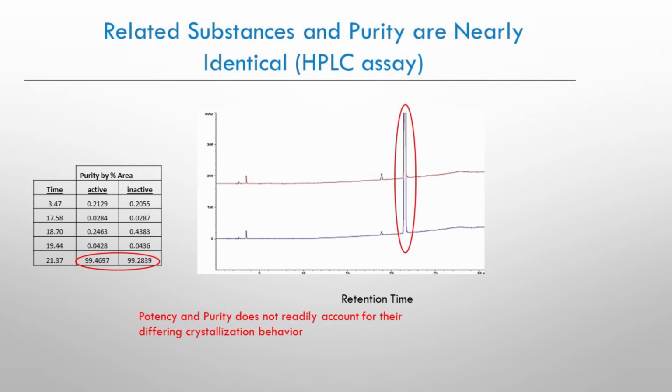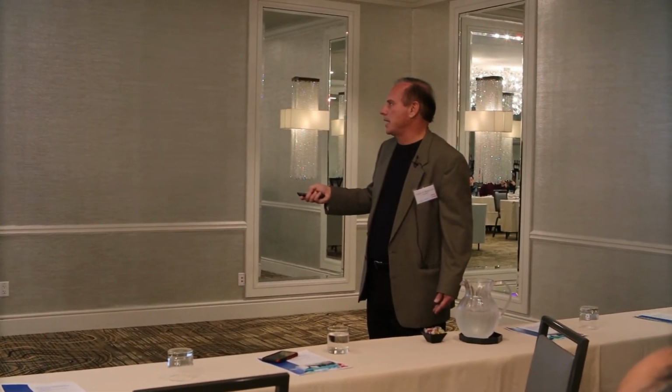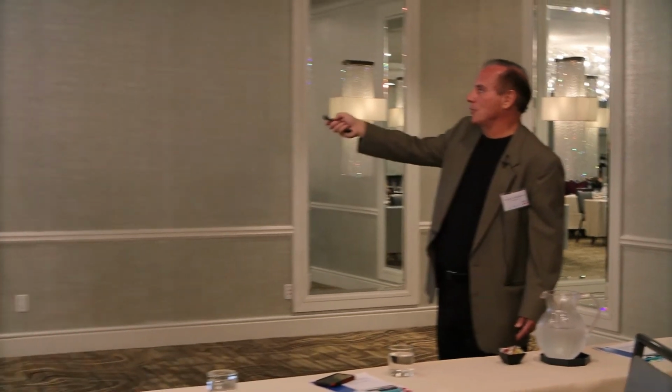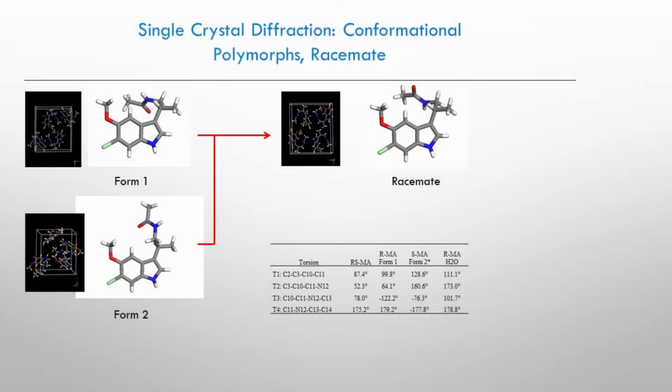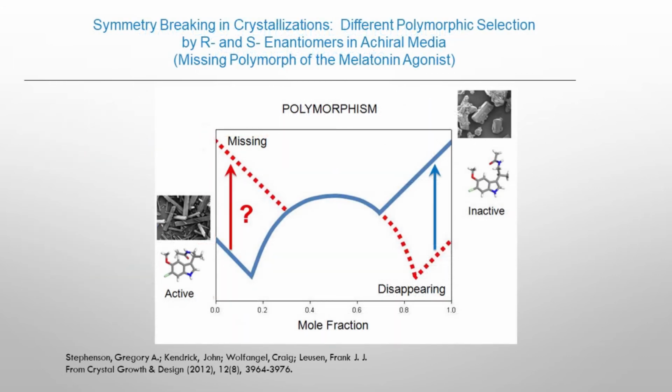One is 99.3% pure, the other is 99.5%. They had the same related substance profile, with just very small differences in the related substances. Nucleation is very interesting, and we still don't fully understand it. I was able to take the 2 individual forms and make a racemate, but I did a lot of other studies that are published here trying to understand it.